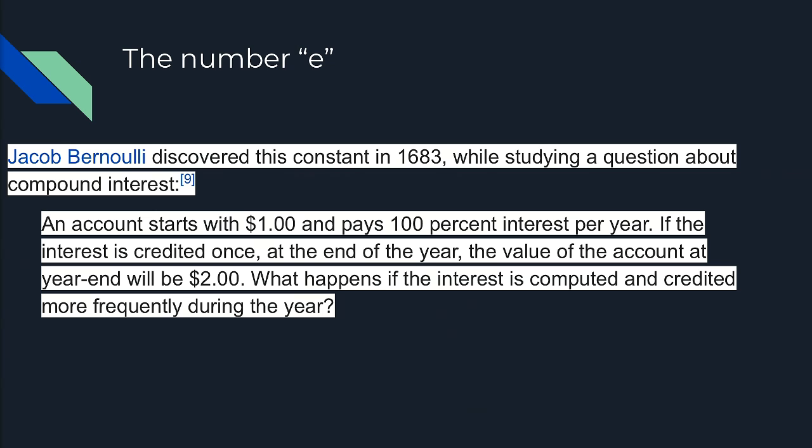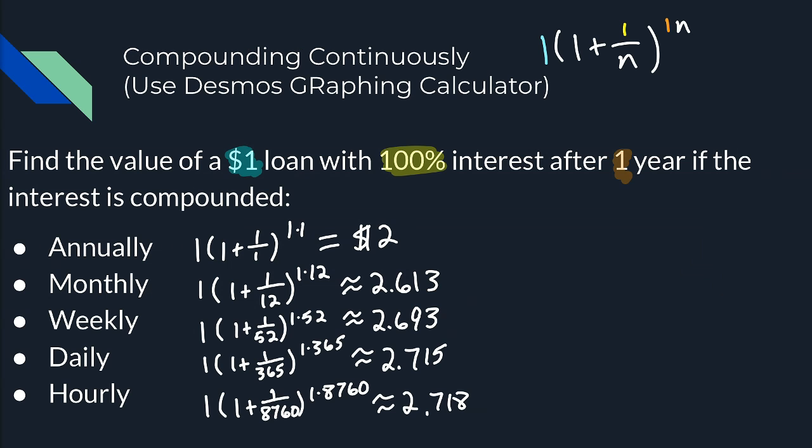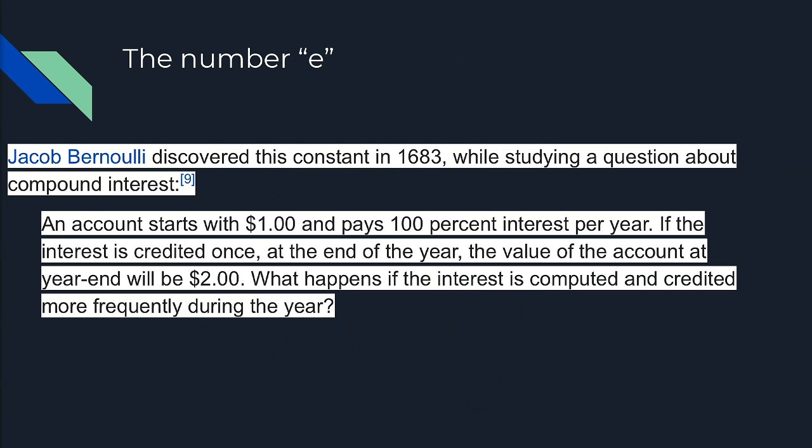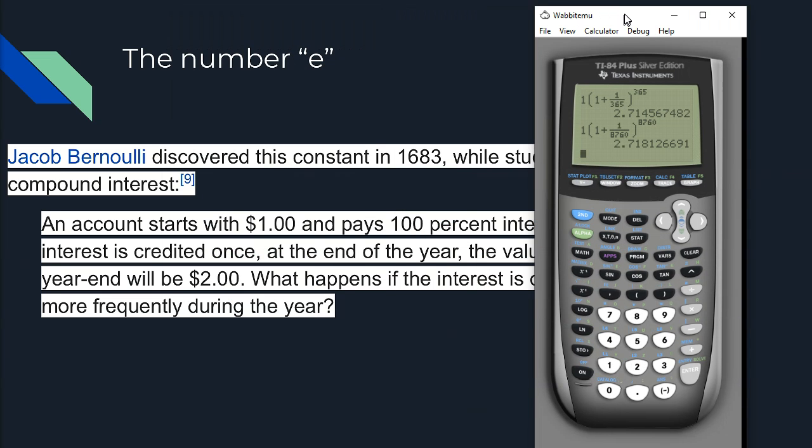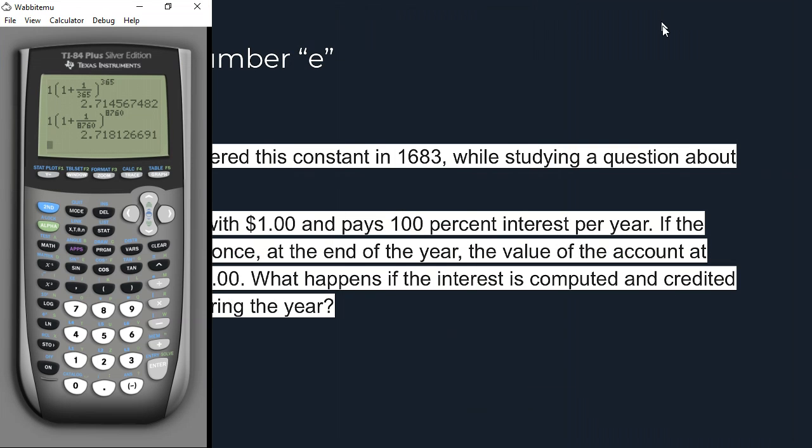And this is something that Jacob Bernoulli discovered in 1683. So he was doing this same thing. He was looking at this same pattern here. And what he found was if you increase more and more and more, something very, very big happens.